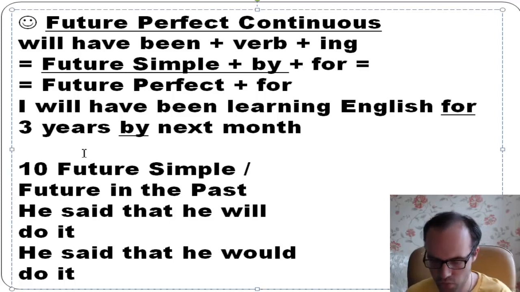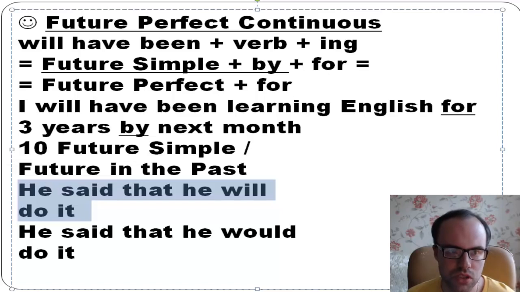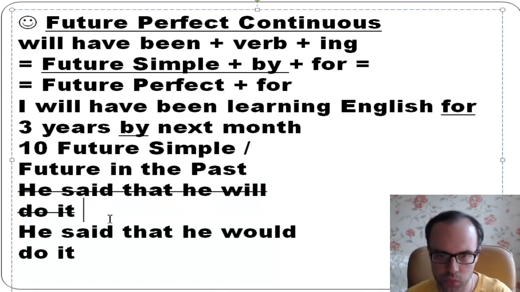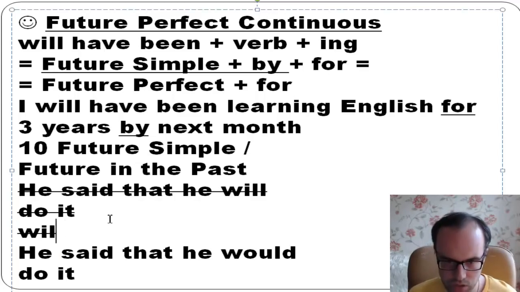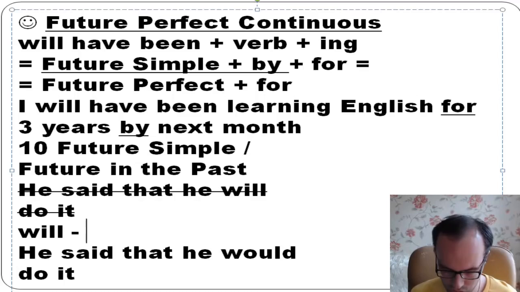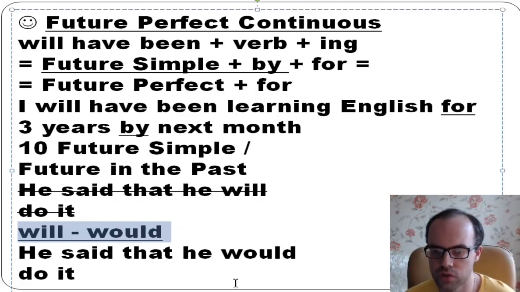So it's incorrect. We change will to would. Please remember, if the first action is in the past and you want to talk about the future, like in this situation, we need to change will to would.